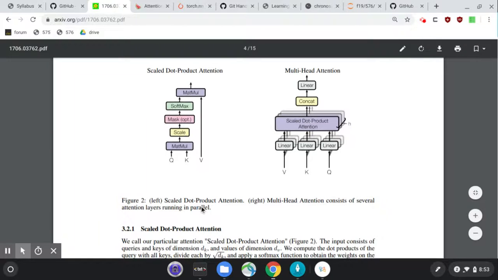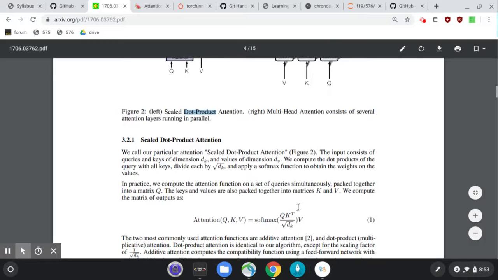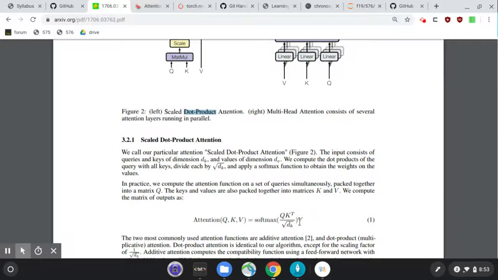So that's what scaled dot-product attention means. Scale just means some rescaling is happening, which is not very important. Dot product is literally what I just said. The formula is given here, and the paper is not difficult to read. It's just saying the query inner product with keys. It looks like a matrix operation, but don't worry about it.